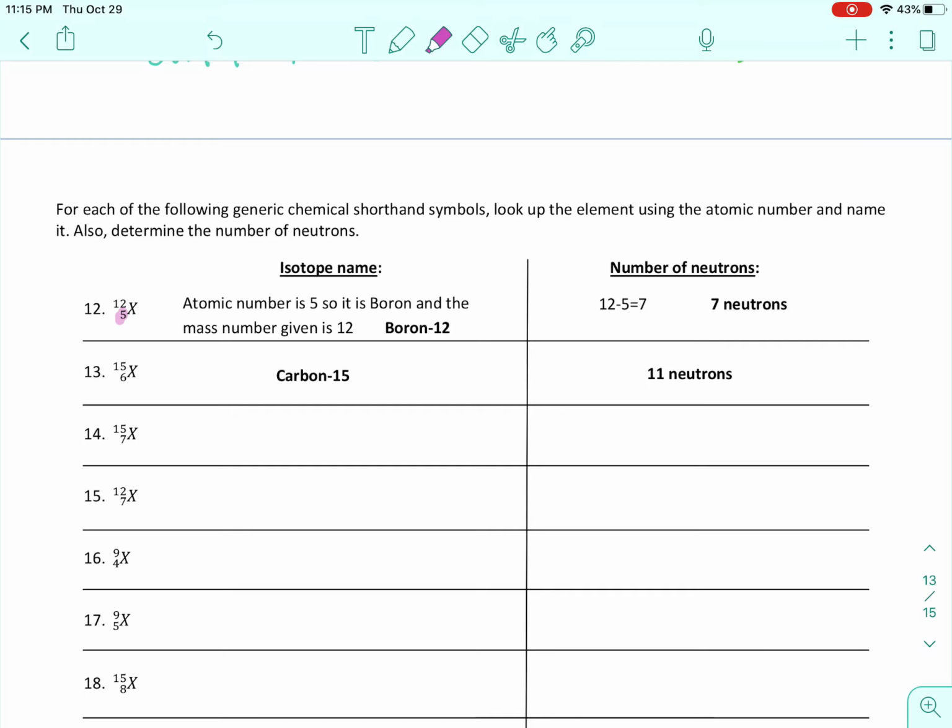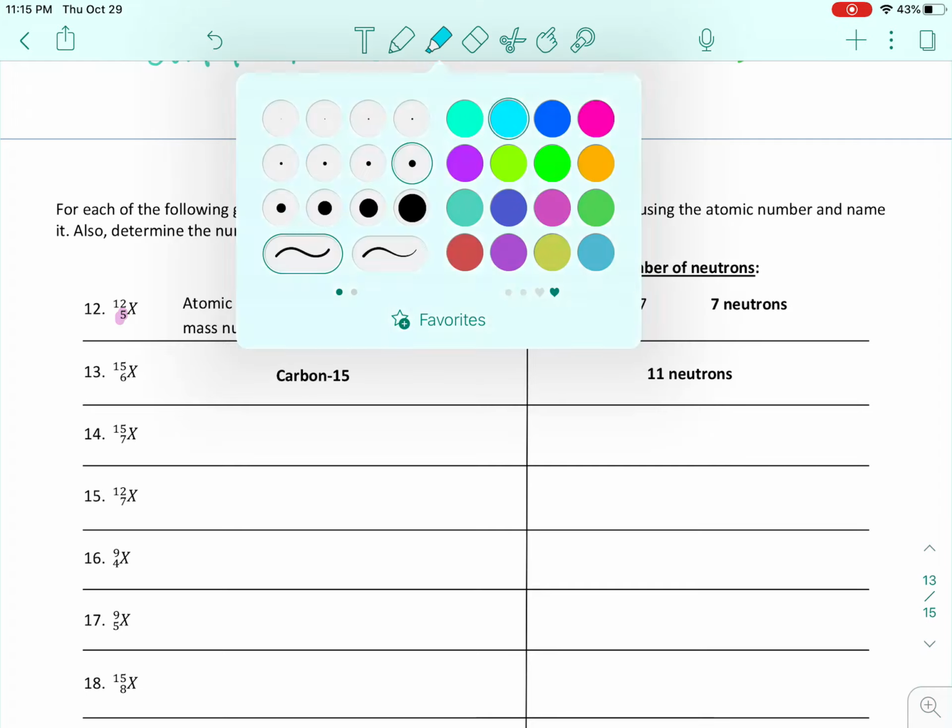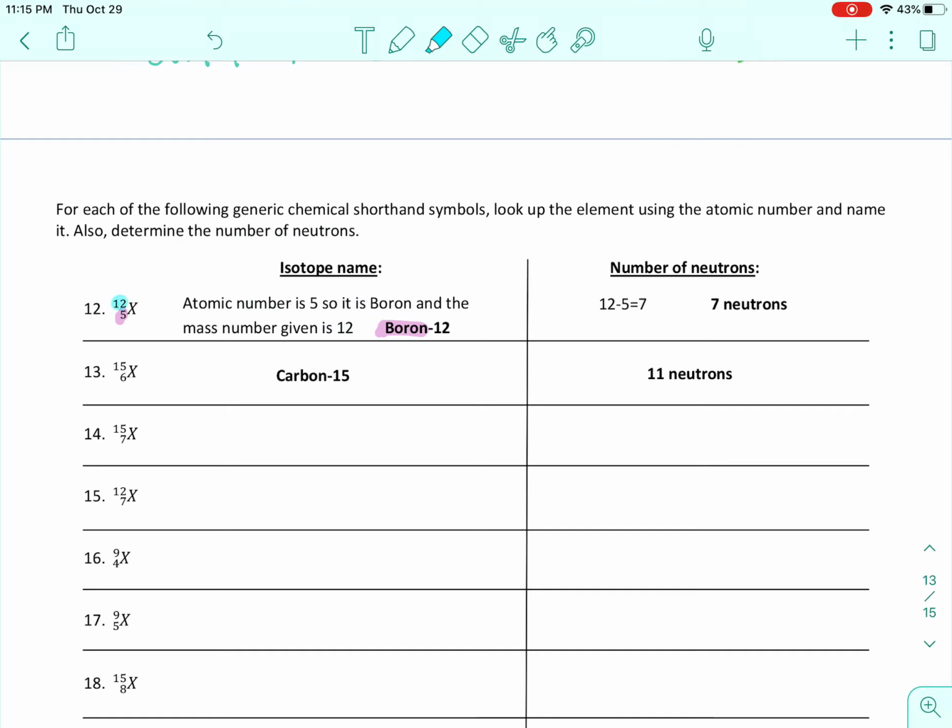If we look up the element that has an atomic number of 5, we'll find that it is boron. And then we just use the mass here, and that goes in there. And then you just subtract the 2 to find the neutron. So 12 minus 5 is 7.